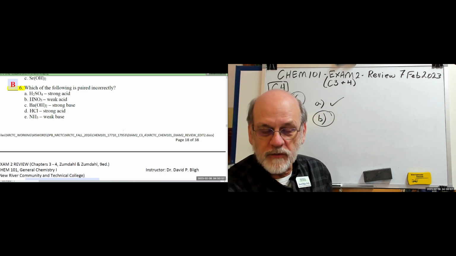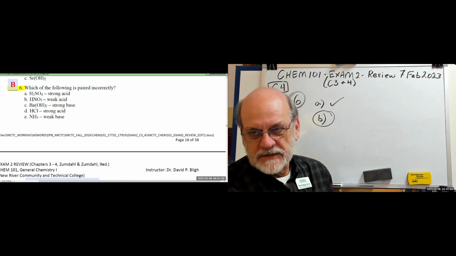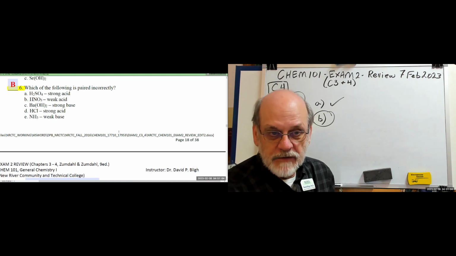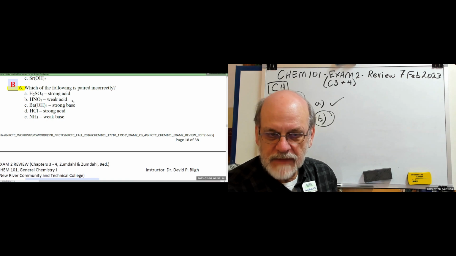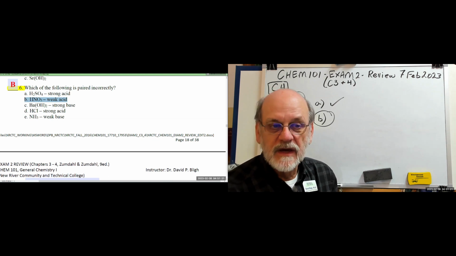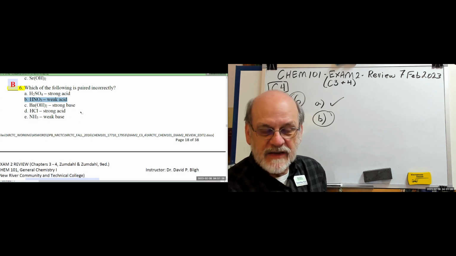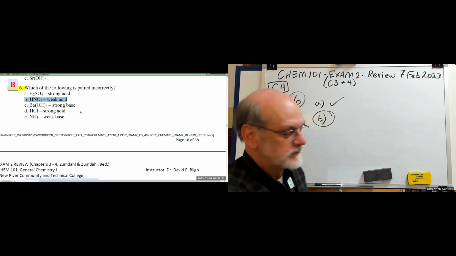And we could go through the rest of them to see if they're paired correctly, but test-taking technique says if you've got unique selections for each one of your multiple choice answers, the first one you find that answers the question is where you stop. Right? We could look at barium hydroxide is a strong base, hydrochloric acid is a strong acid, and ammonia is a weak base. Right, so B is the one that's not paired correctly.